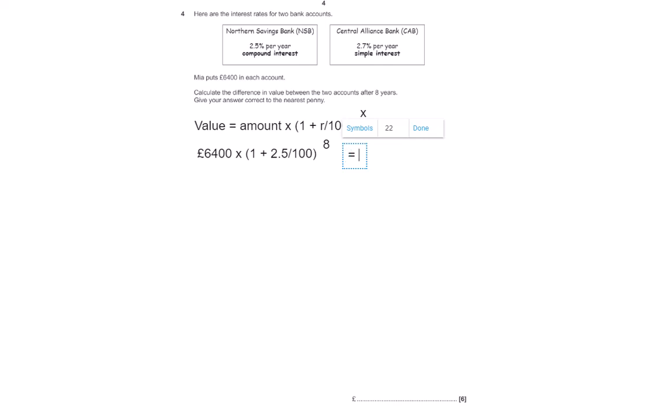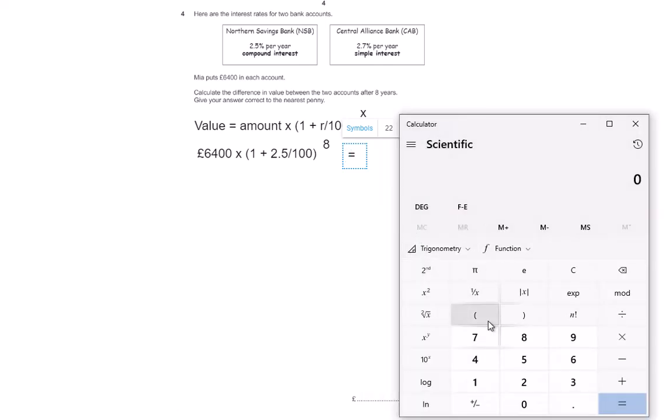And using our calculator, we can do 1.025. Now 2.5 divided by 100 is 2.5%, and 2.5% as a decimal is 0.025. And we do that to the power of 8 because the money is going in for 8 years, and multiply by 6,400, which is the amount we started with.